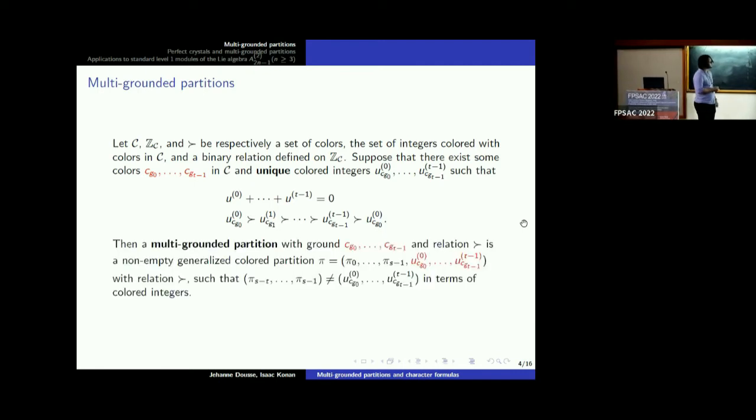Okay, so the multi-ground partition, what is this?